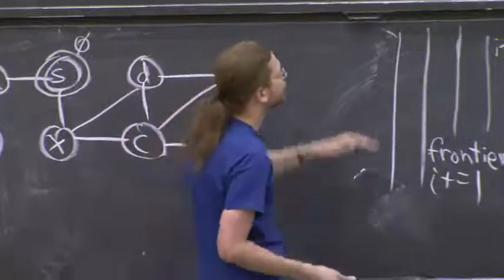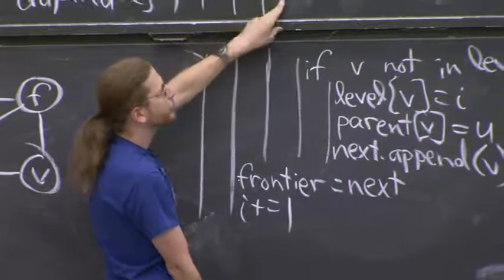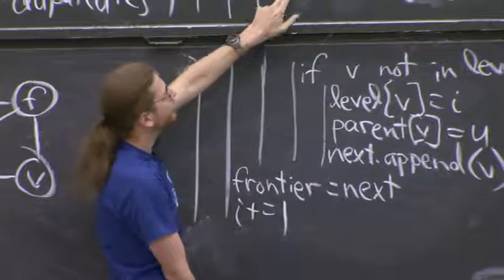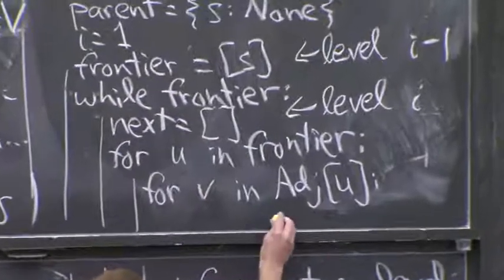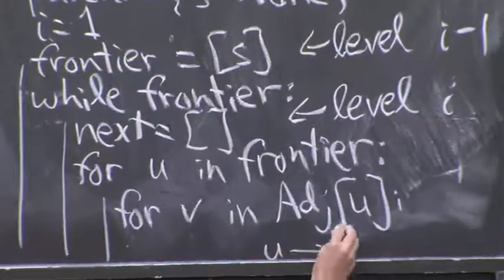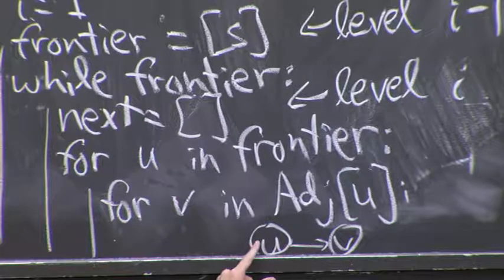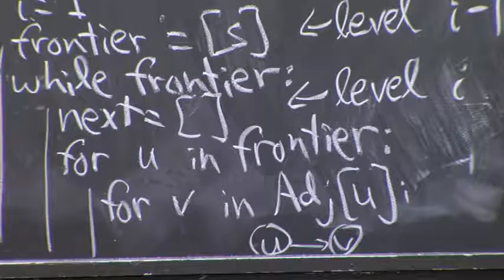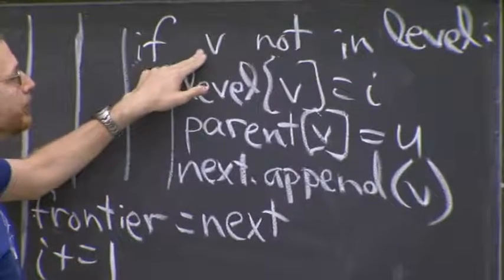How do we compute next? Well, we look at every node in the frontier, and we look at all the nodes you can reach from those nodes. So every node u in the frontier, and then we look at v such that there's an edge from u to v. So the picture: we look at all the edges from all the frontier nodes where you can go. And then the key thing is we check for duplicates. We see, have we seen this node before?